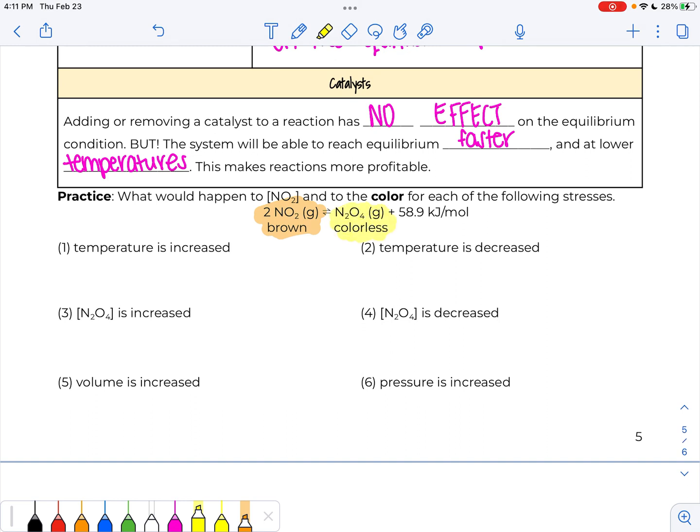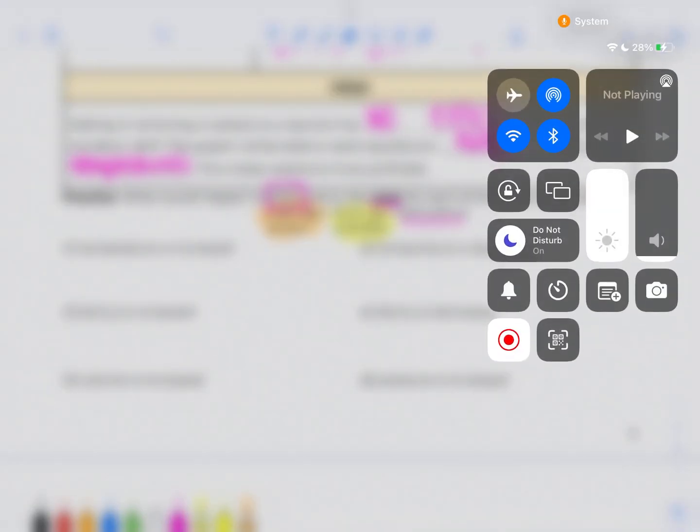Alternatively, if you're on the other side, N2O4, you will see a colorless situation, or I guess you won't see anything because it'll be colorless. It also tells you that this reaction is releasing 58.9 kilojoules per mole of energy, so this is an exothermic reaction. So what you're going to try and do is think about what's going to happen to the concentration specifically of NO2 and the color for each of the following stresses in this reaction. Once you're finished, check in with the answer key on Canvas, and then you're donezo.